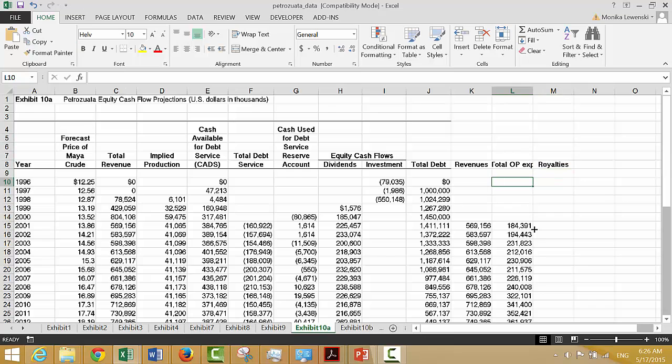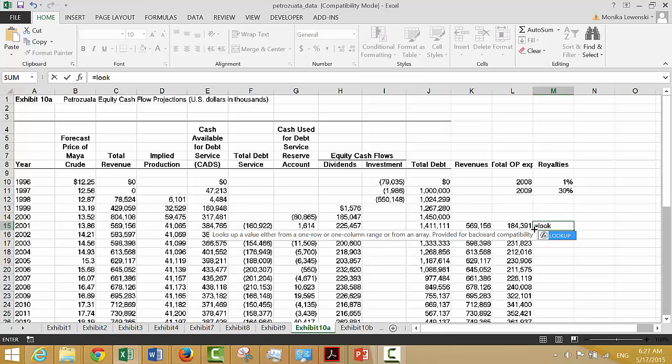But let's put for 2008, it's 1%. And after that, 30%. Okay. So just look up this year.